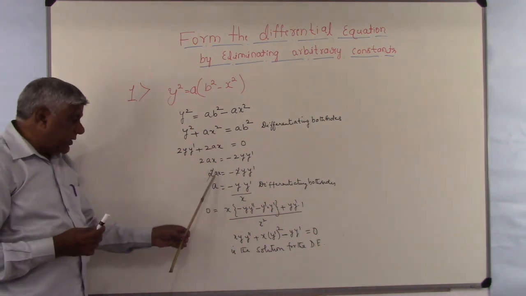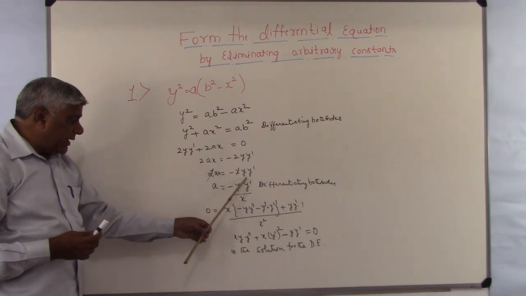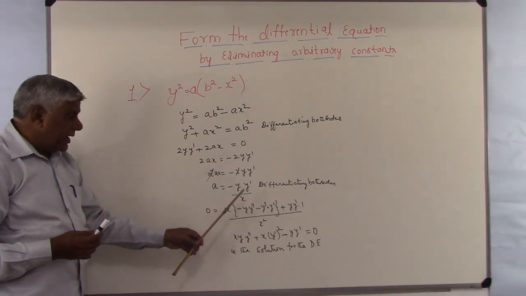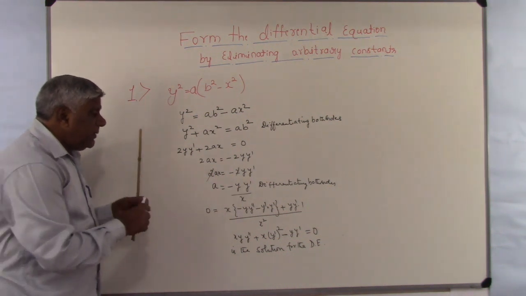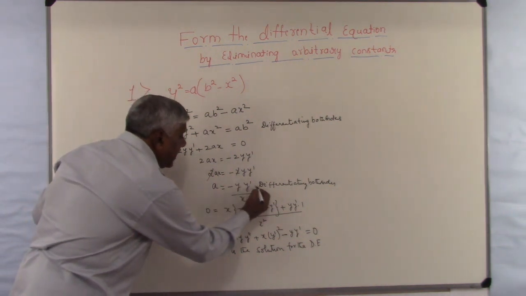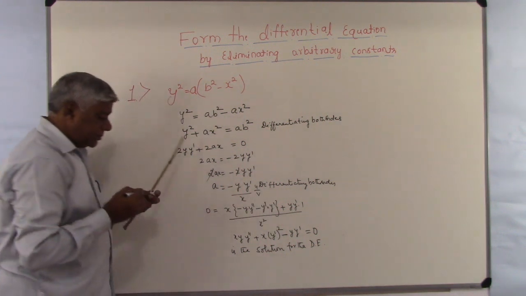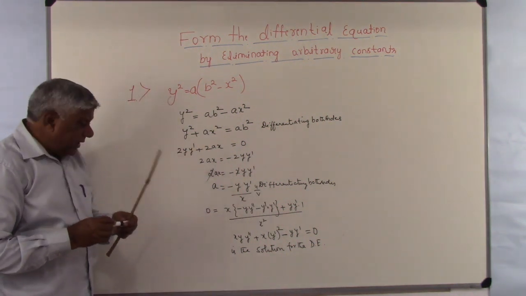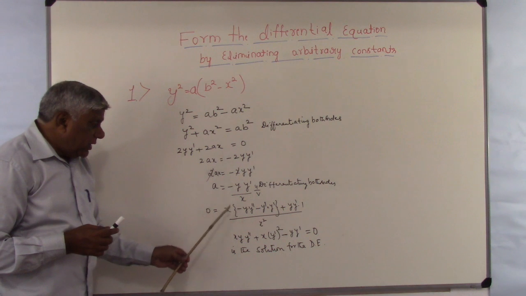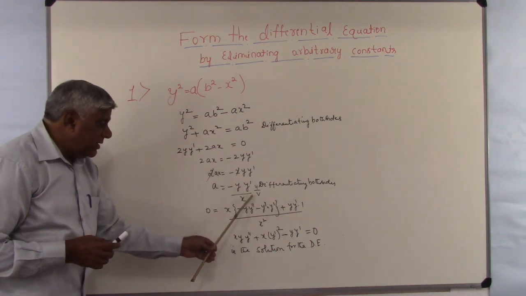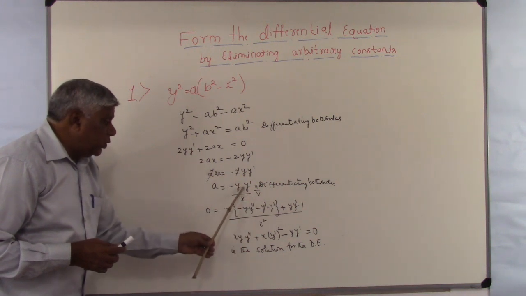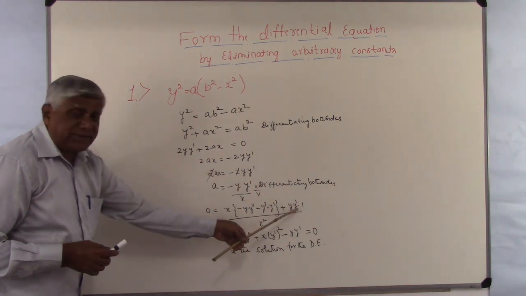Therefore a is equal to minus y dash divided by x. Now differentiating again both sides, we are using the u by v method, that is v into du by dx minus u into dv by dx.